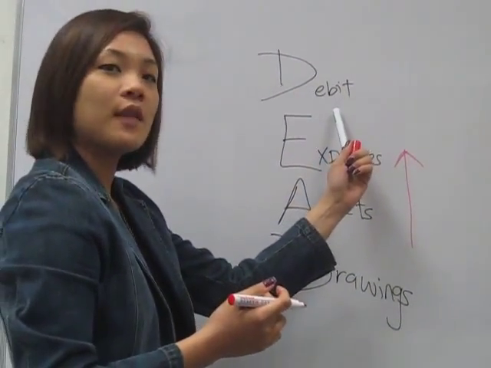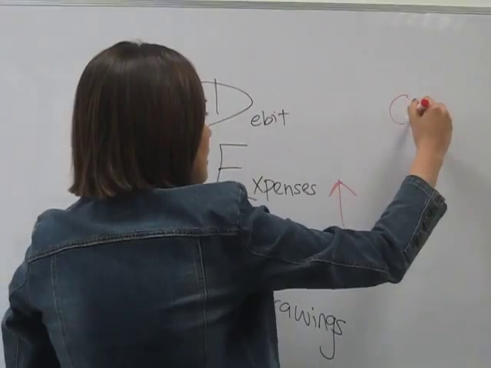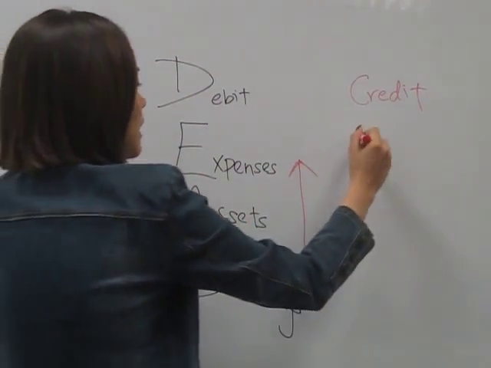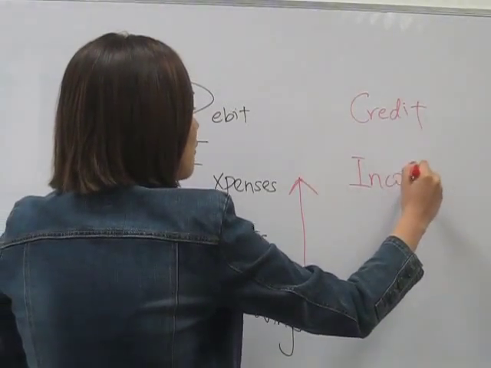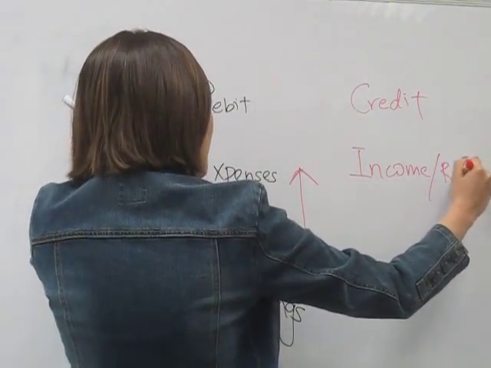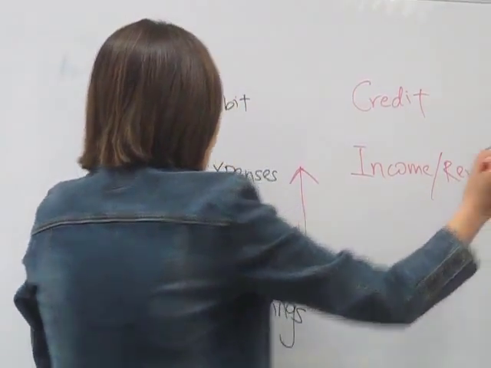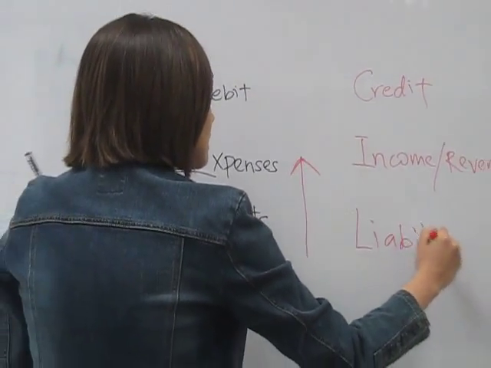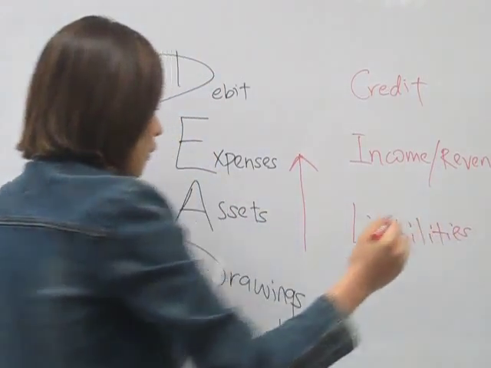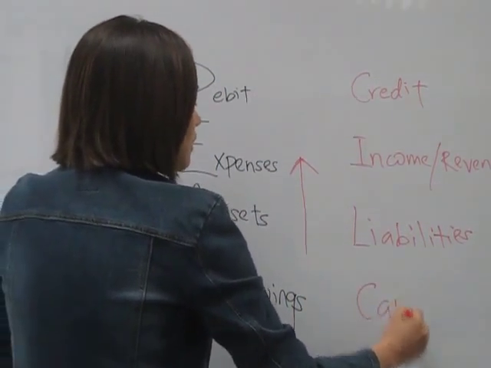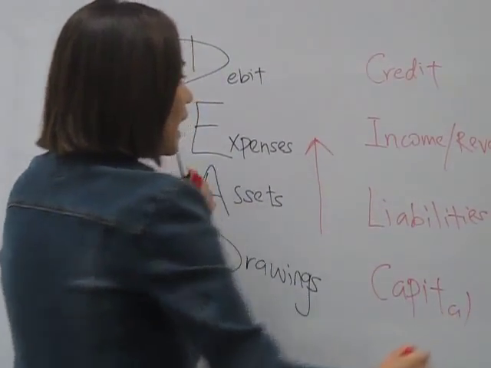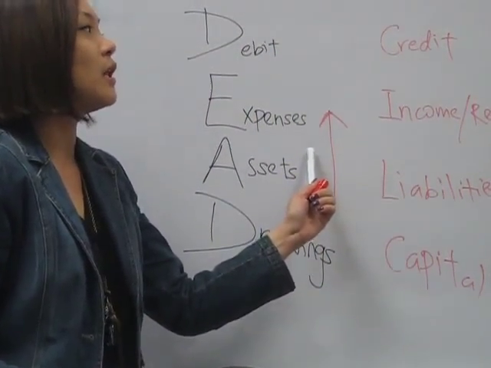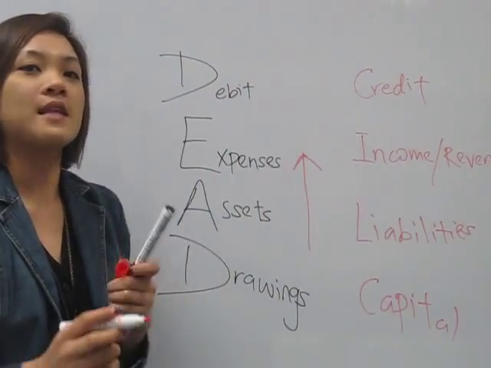The opposite of debit is credit. The opposite of expenses is income or revenue. The opposite of assets is liabilities. The opposite of drawings is capital. When any of these three increases, we will put it on the credit side.